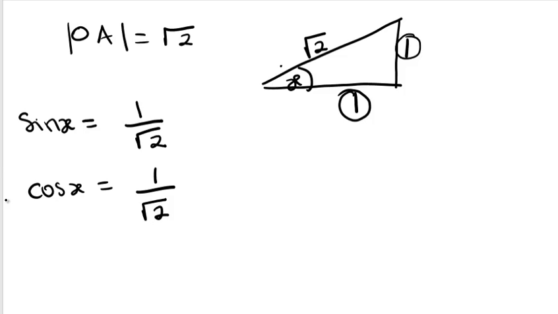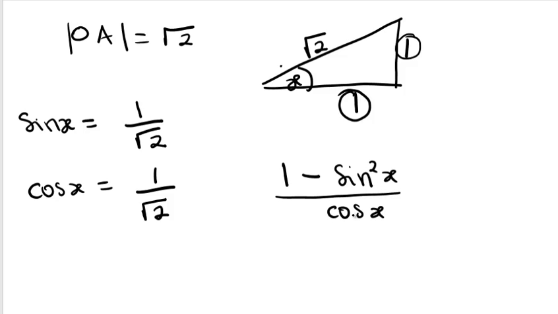Now the question wants us to evaluate (1 minus sine squared x) all over cos x. So all that we have to do is to substitute the values for sine x and cos x respectively into the expression here.